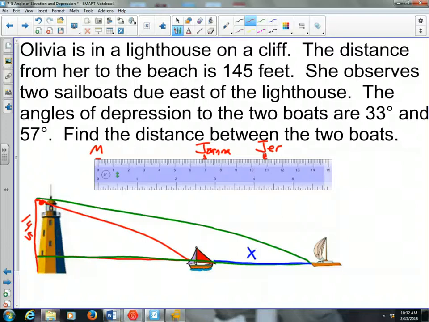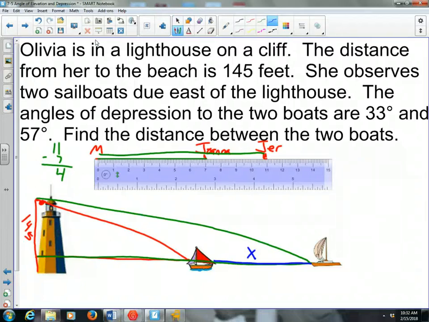The distance from Joanna to Jeremiah is 4. But I could say if the distance from Matthew to Joanna is 7 and the distance from Matthew to Jeremiah is 11, I could take the 11 and subtract the 7 and get the distance, and that's 4. So that's basically what we're going to do here, class, with these two boats.